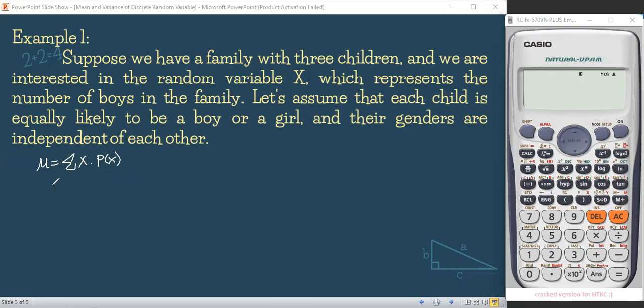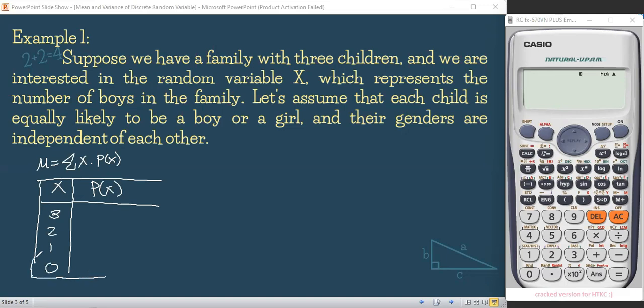Di ba, doon sa previous nating video, we have the x and its p of x, or the probability of getting that variable. Kung maalala nyo, pwedeng magkaroon tayo ng 3 boys, pwedeng magkaroon ng 2, pwedeng magkaroon ng 1, pwede din na wala. Yun po yung mga random variables natin.